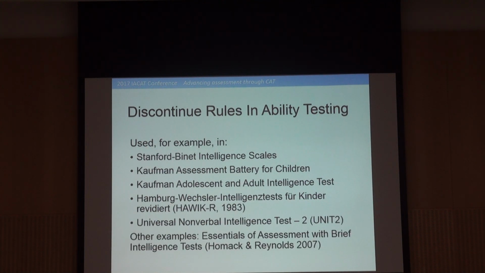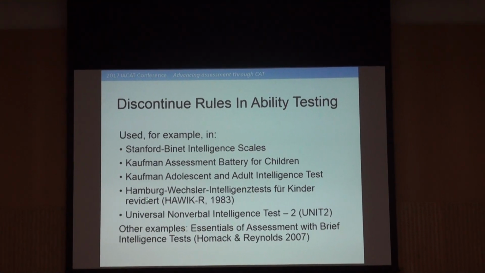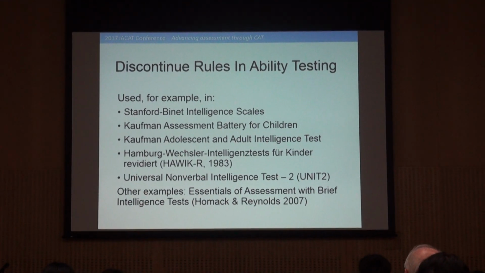And if you look at this, it's actually used quite a bit, and these are just a few examples. Stanford-Binet, Kaufman Assessment Battery for Children, Adults and Adolescents. This is a test that I learned when I was studying in Germany, Hamburg-Wechsler Intelligenztest für Kinder, children. So a lot of these versions actually use this kind of rule.